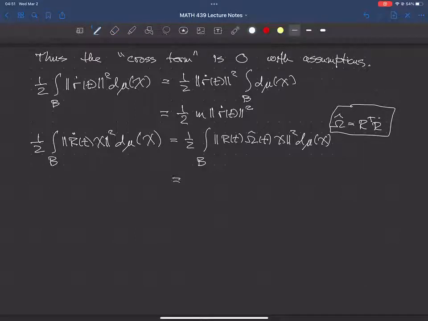Okay, so this is 1/2 integral over the body. Now I'm going to, at the same time, do another expansion. I'm going to do two things at once. The first thing I'm going to do is expand the norm as an inner product, and the second thing I'm going to do at the same time is recall the definition of the hat map, or a property of the hat map, that this is actually omega cross chi.